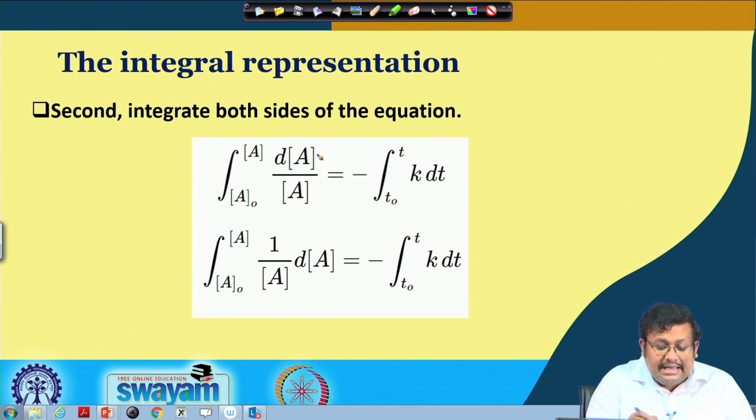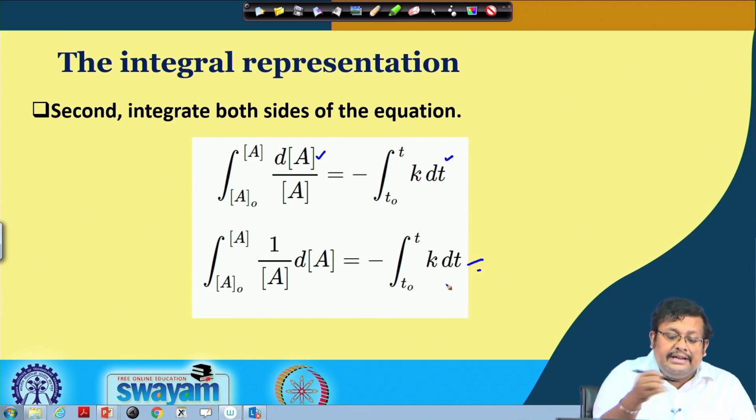Integrating from A0 to A, and from time 0 to t for a specific time duration, we get the integral of 1 by A dA equal to minus the integral from 0 to t of k dt. We get this form by integrating both sides of the differential equation.